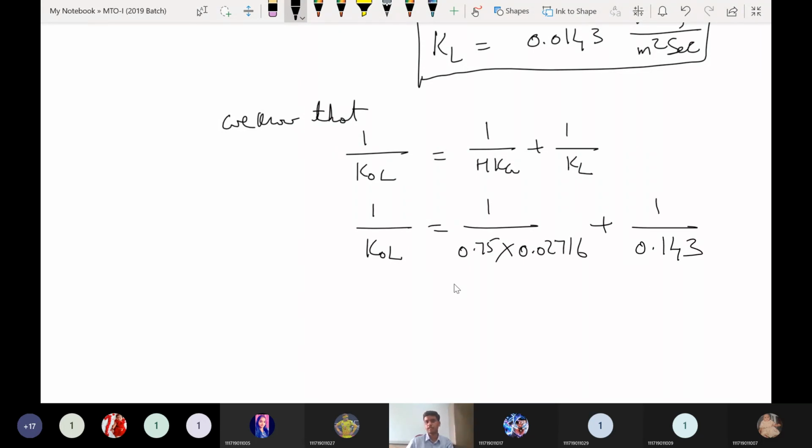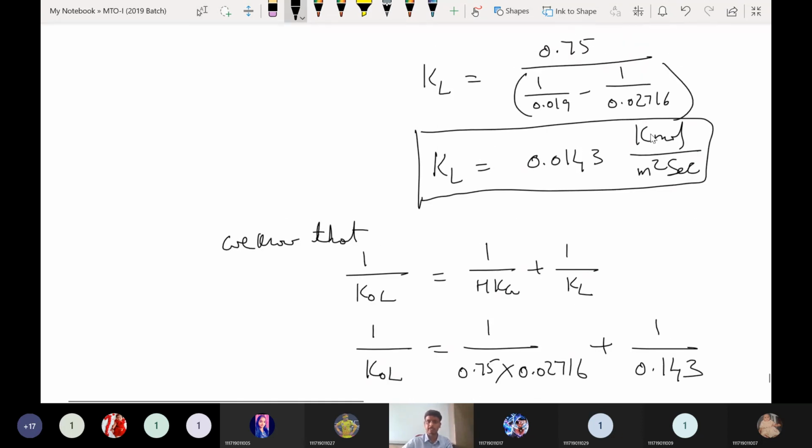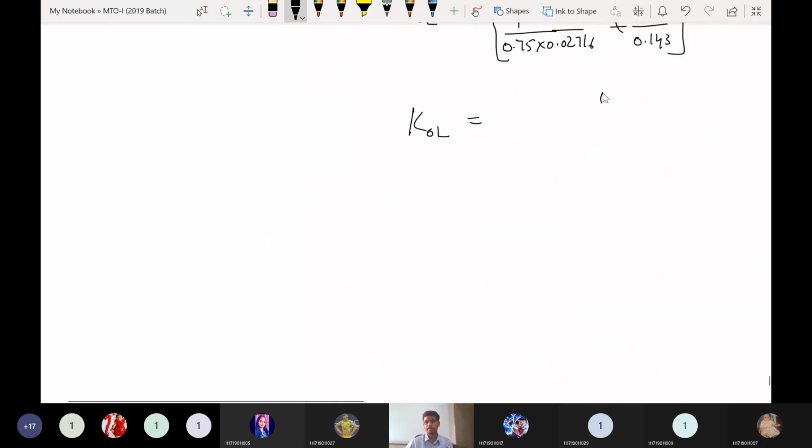Therefore, KOL is equal to 1 by (0.75 times 0.02716) plus 1 by 0.143. You can find that out. The overall liquid phase mass transfer coefficient will also have units of kilomole per meter square second.